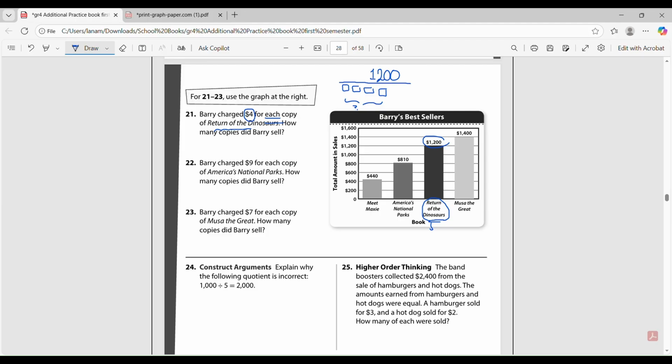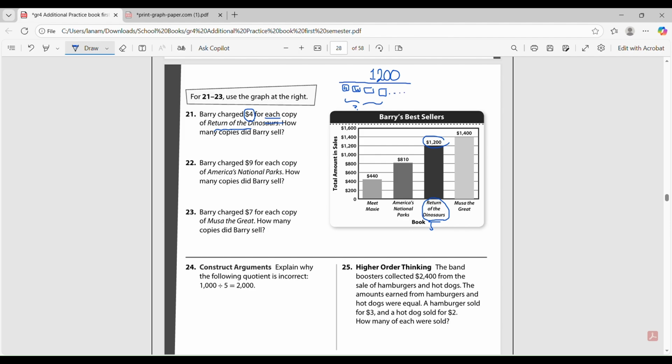This is the variable. The number of copies is unknown. And here I have the price of each copy. Each copy costs $4. I don't know how many copies we have.